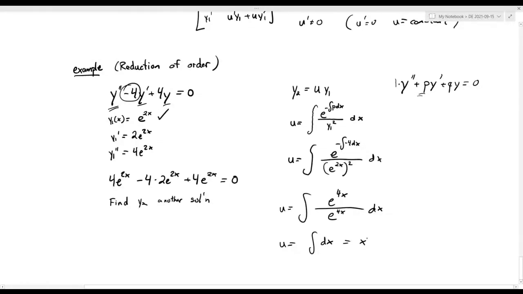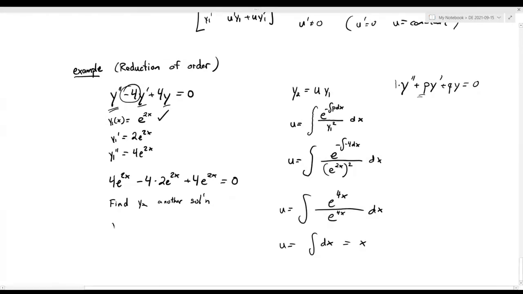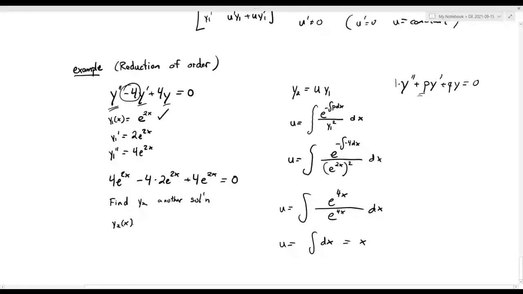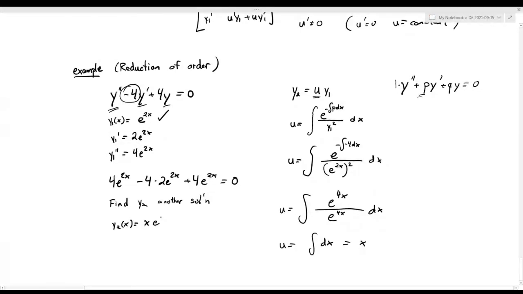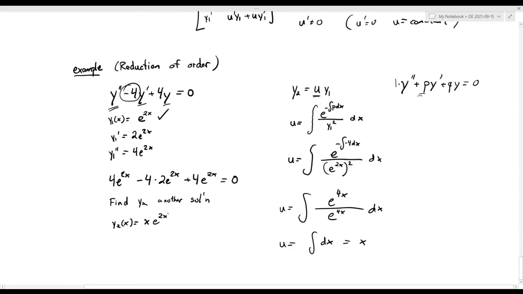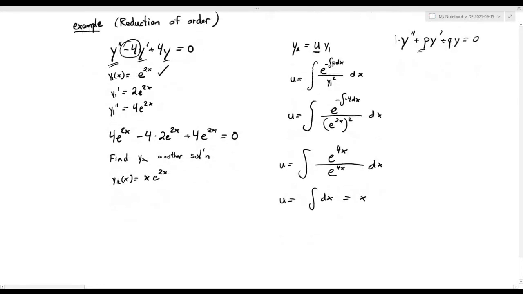So u should be x up to a constant, of course. So now we find that y2, which is u times y1, is another solution to the equation, and it's definitely linearly independent.